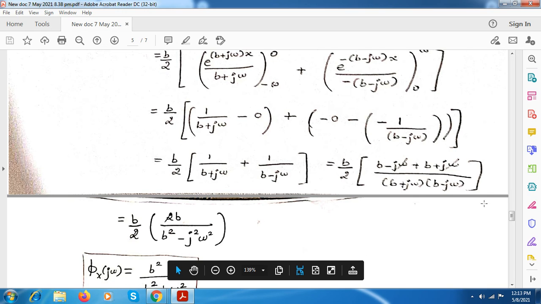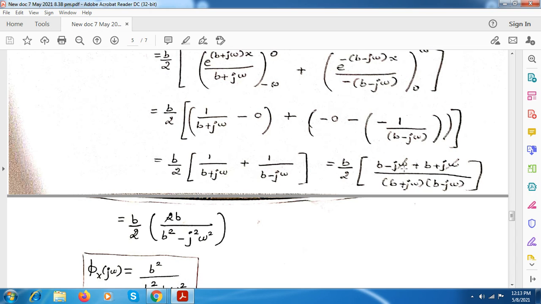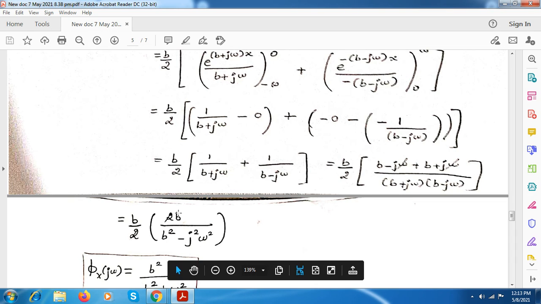If you take the LCM, you get b minus j omega here and b plus j omega here, and then the j omega terms cancel. Here it will be 2b divided by, it is of the form a plus b into a minus b, that will be a square minus b square form. So here it is b square minus j omega whole square, that is b square minus j square into omega square.